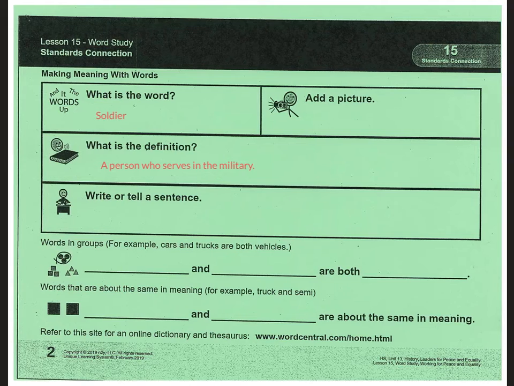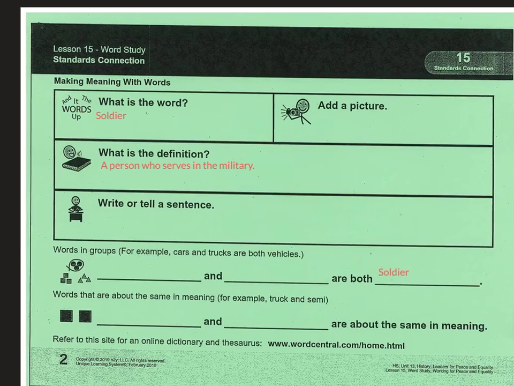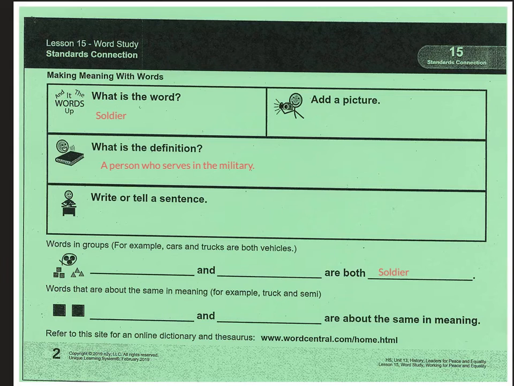The examples that I'm going to use for soldier are, I'm just going to give one name of a military section, and that's going to be Army. You can put Marines or Navy.